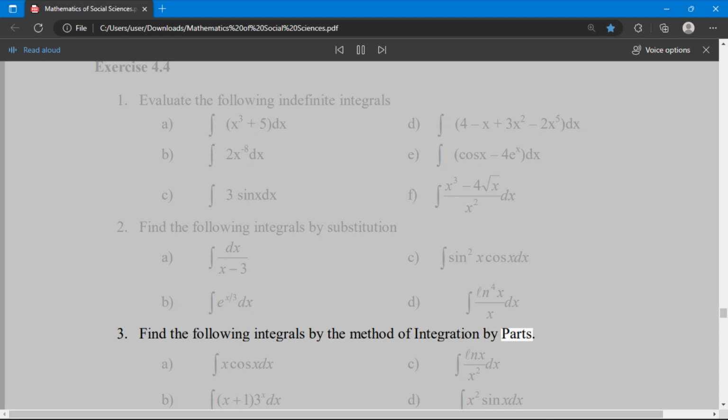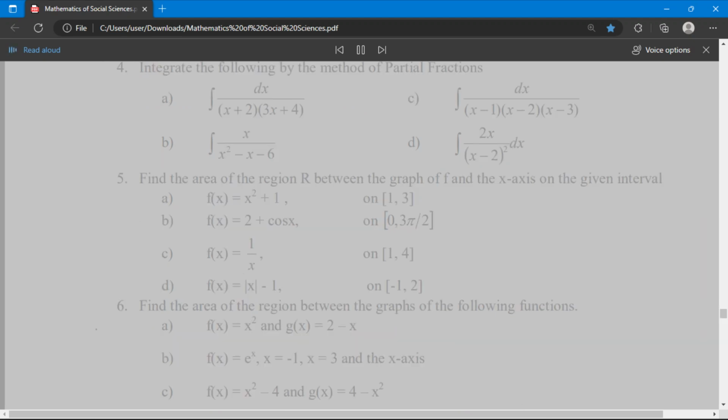3. Find the following integrals by the method of integration by parts: a. x cos x dx, c. ln x dx, b. x sin x dx, d. another integral by parts. 4.